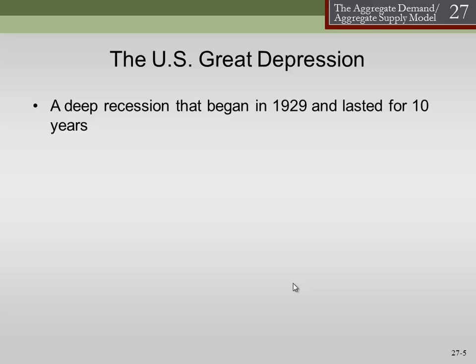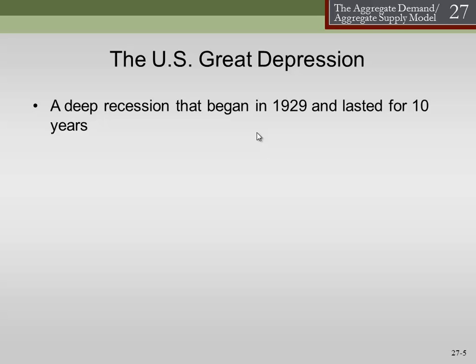So let's begin. Modern macroeconomics really starts with the Great Depression. We have a deep recession that began in 1929. And it was just a recession.